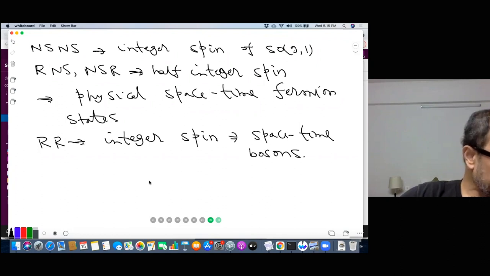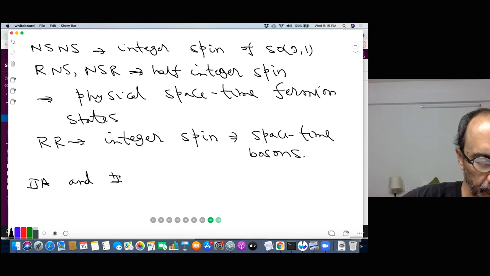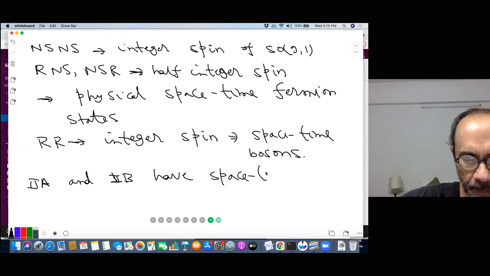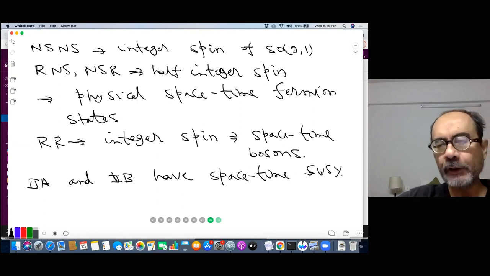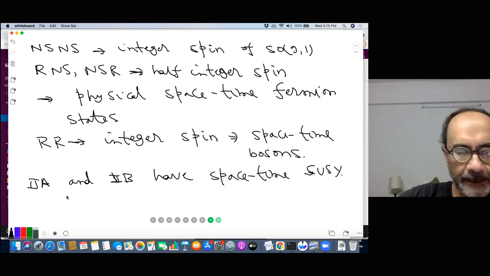Okay. Now I'll just state a fact which I'll not prove explicitly, that both the 2A and 2B theories have space-time supersymmetry. I'll not prove this, but at least next time we'll see some evidence for this.